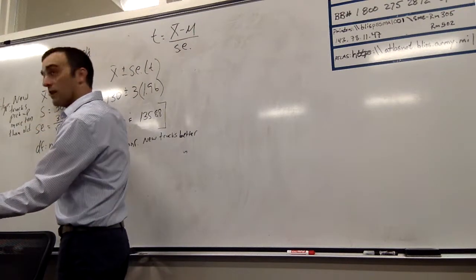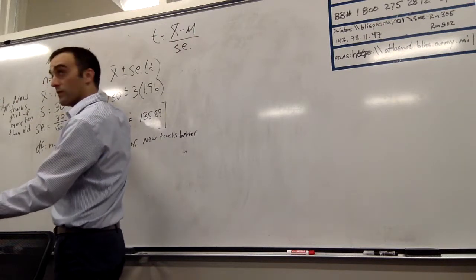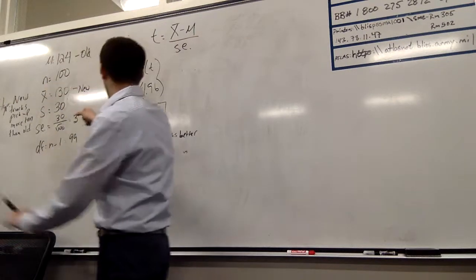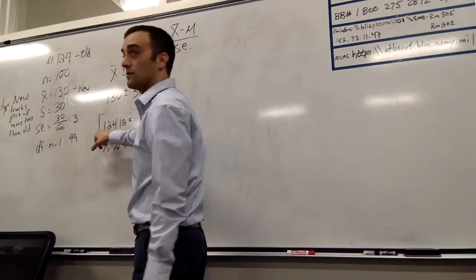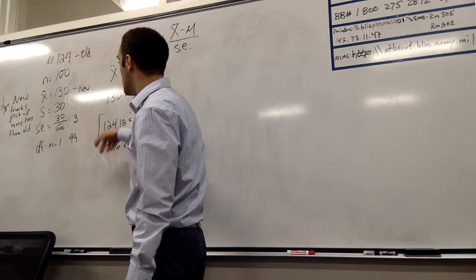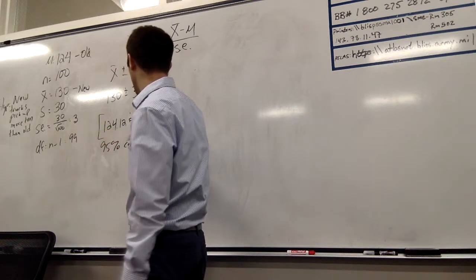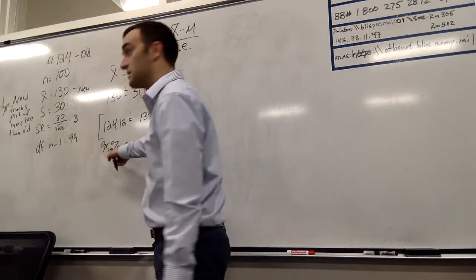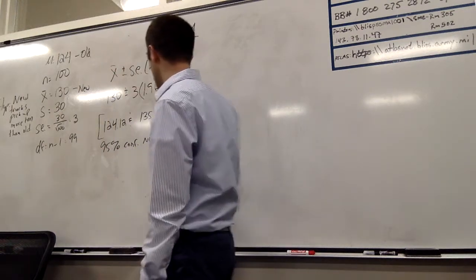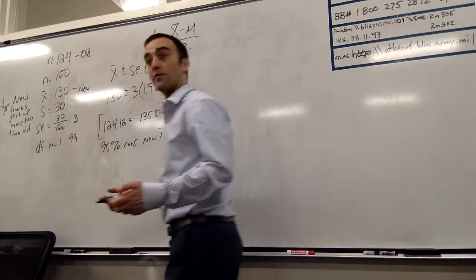We took a sample of 100 of the new trucks, the average is 130. It appears bigger than 124 from the old trucks, but we need to statistically test that. And we know that the true population mean of these new trucks, how much they pick up, is between 124.12 and 135.88. And so we said we were 95% confident the new trucks were better. We'll support a hypothesis, right?